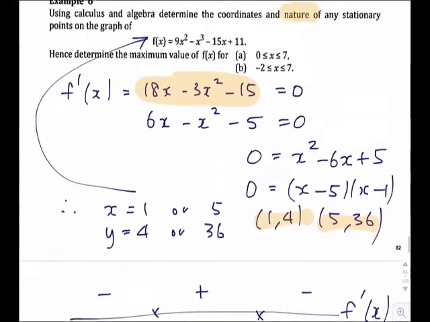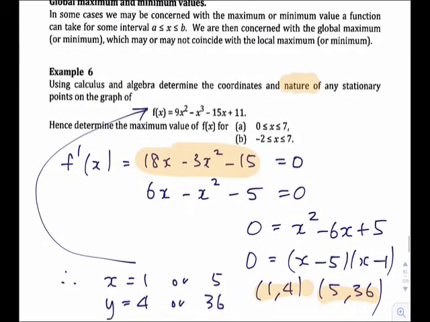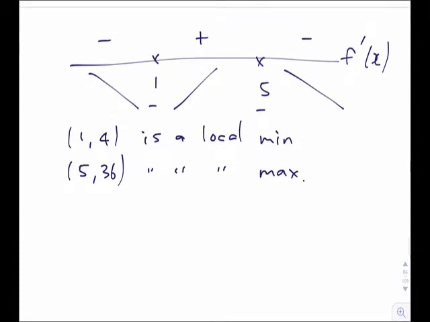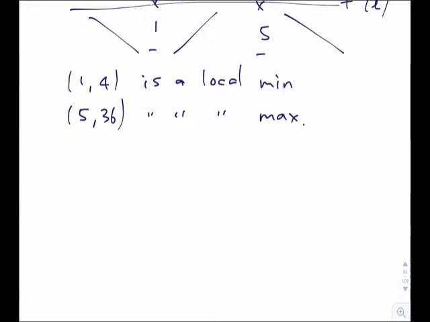Now the question says, hence determine the maximum value of the function between 0 and 7. Okay, so we want to know the global maximum, the absolute maximum value between 0 and 7. If we think about the graph here, it's got a minimum point at (1, 4) and a maximum point at (5, 36).